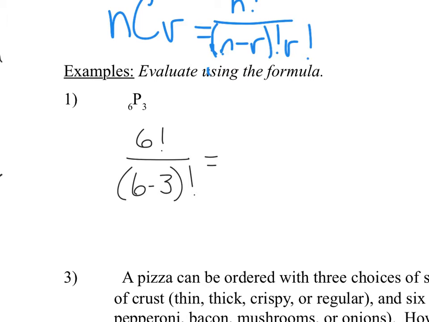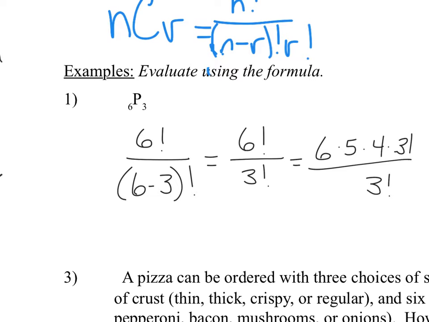And once I simplify this, I'll get 6 factorial divided by 3 factorial, which is the same as 6 times 5 times 4 times 3 factorial divided by 3 factorial, which I can simplify by canceling those 3 factorials, and I get 6 times 5 times 4, 120. What does that mean? There are 120 different permutations when I'm choosing 3 items from a set of 6.